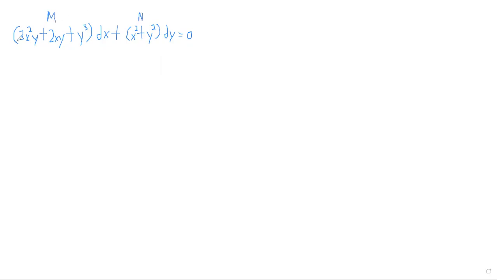M is 3x squared y plus 2xy plus y cubed, and N is x squared plus y squared. They're not going to be exact, but let me just show you that they're not. M sub y is equal to 3x squared plus 2x plus 3y squared.